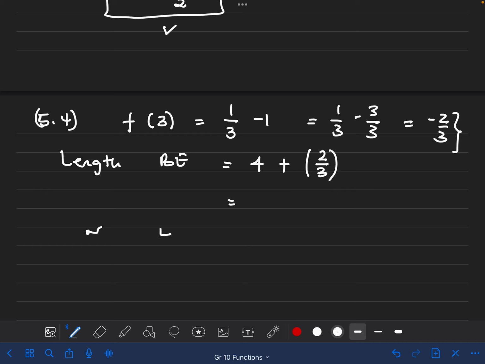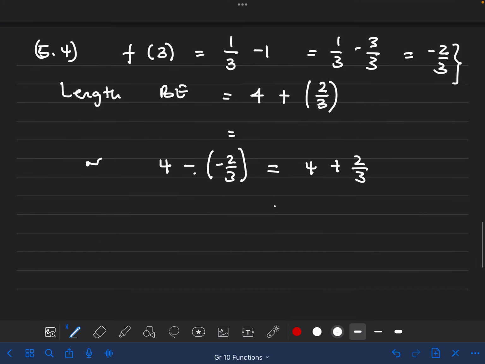Or 4 minus the y value at E, it's minus 2 over 3, which is the same as 4 minus times minus, it's positive 2 over 3. Okay, so let's just do this now. 4 can also be expressed as 12 over 3. You can do it in your calculator, guys. This is 14 over 3. So this is the length of BE, 14 over 3 units.